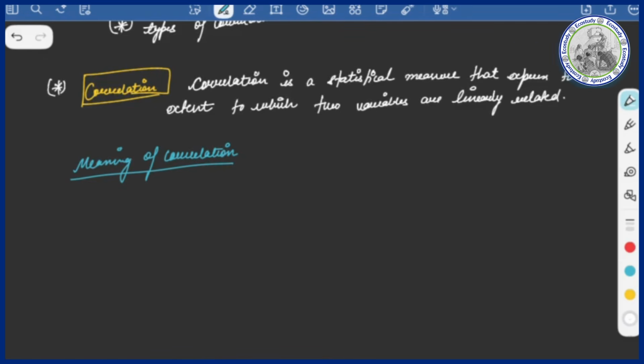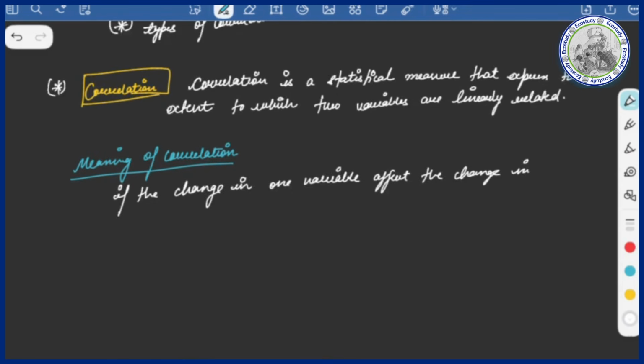Let me write it: if the change in one variable affects the change in the other variable, then the variables are said to be correlated.